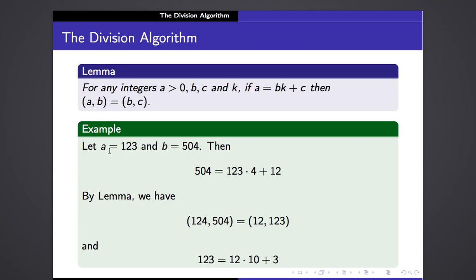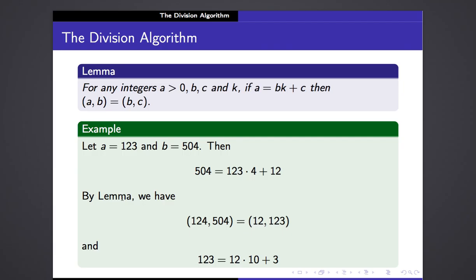So let's say that A equals 123, and B equals 504. When you divide 504 by 123, the quotient is 4 and the remainder is 12. So 504 can be written as 123 times 4 plus 12, right?